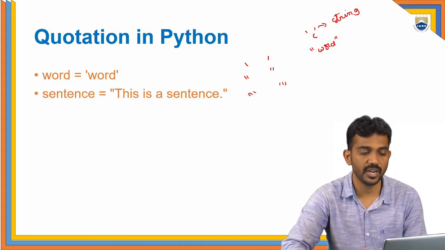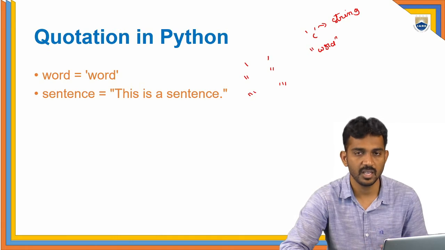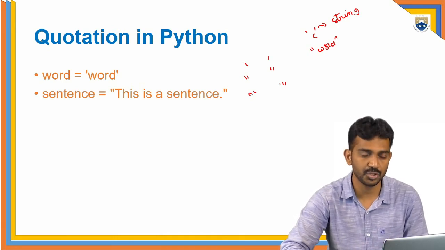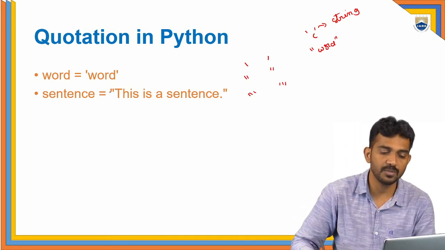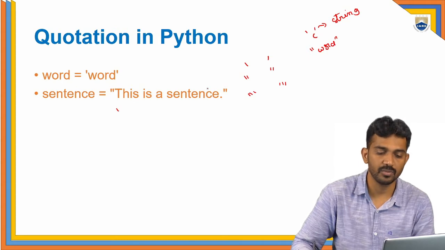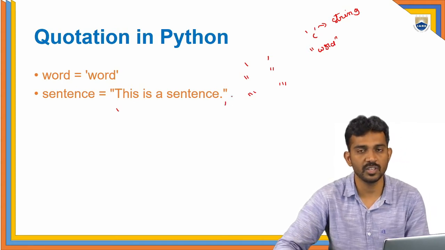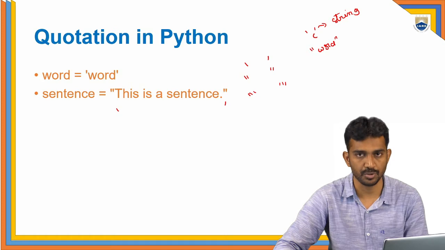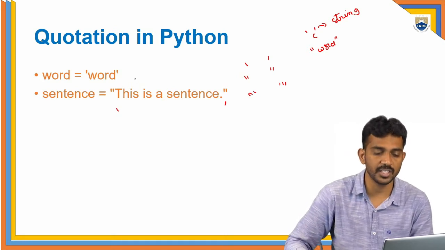We'll see one by one. It's a sentence. Generally they write it like this, but it is not exactly true. Even the same statement you can write within single quotes also. This one will also work, there is no issue. So these two are interchangeable.